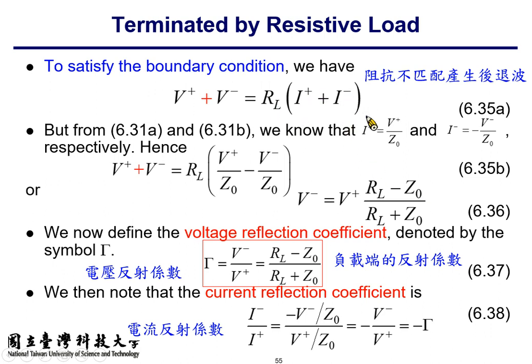We know that the V minus and I minus signal will propagate on the transmission line afterwards. So we can write up the relationship of I minus and V minus, that is, I minus equals minus V minus divided by Z sub 0, and I plus can be written as V plus over Z sub 0.